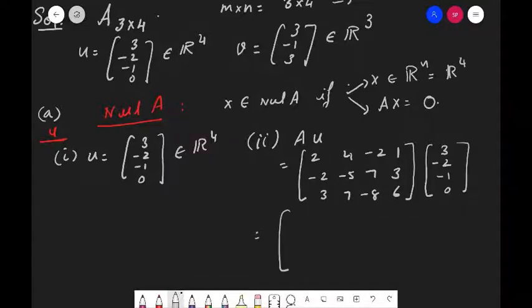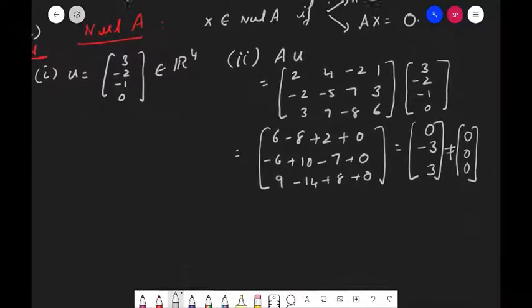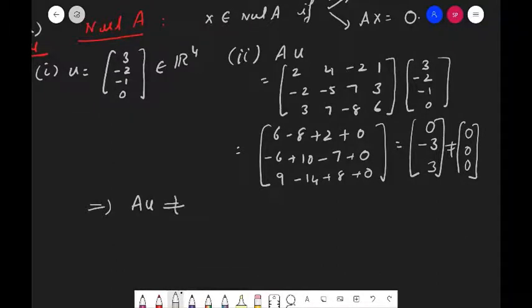So what is the result? The first entry is 6 minus 8 plus 2 plus 0, which is 0. The second is minus 6 plus 10 minus 7, which is minus 3. The last one is 9 minus 14 plus 8 plus 0, which is 3. So the result is (0, -3, 3), not equal to (0, 0, 0), which implies Au is not equal to 0.